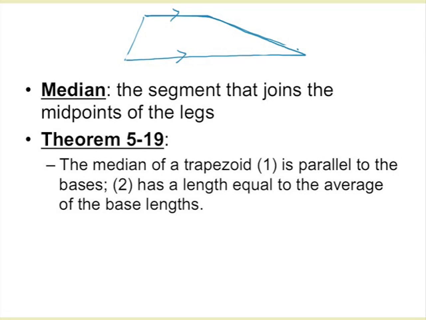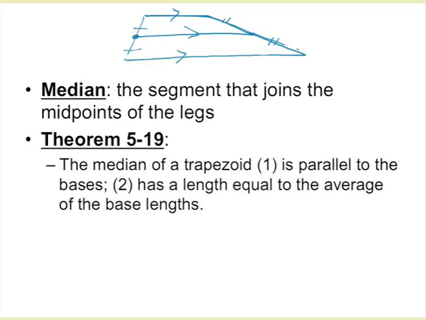The median would take the midpoint of those legs and connect them. And theorem 5.19 tells us two things about the median. It tells us that it will be parallel to the bases as well. And its length is the average of the base lengths.